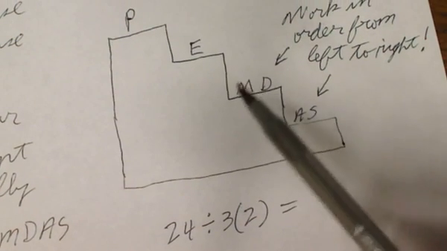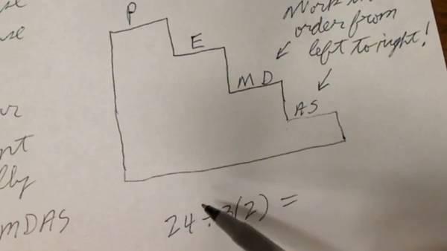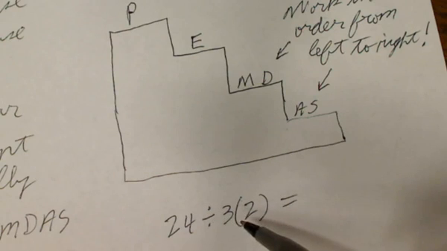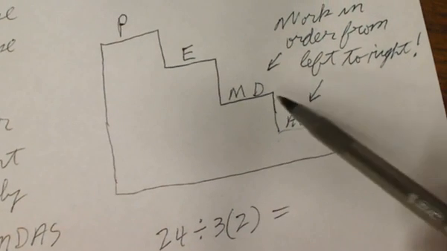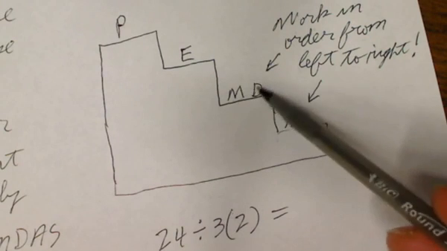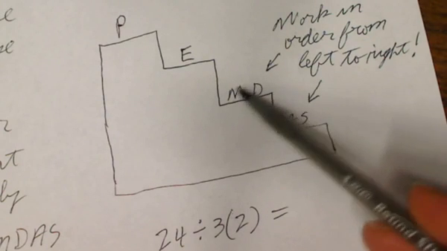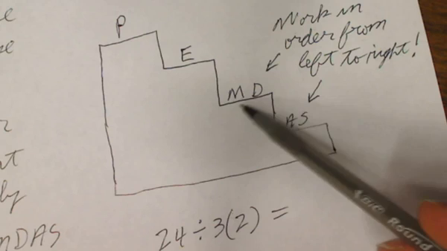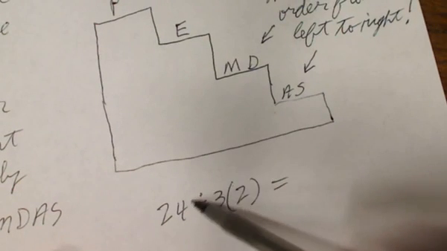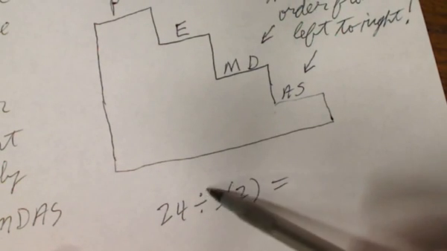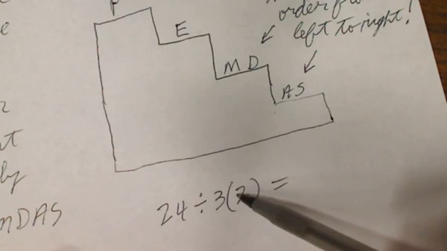The order of operations correctly applied tells me to divide before I multiply in this problem, because division and multiplication are tied for third place, and you do them in order from left to right. So in this problem, I've got to do the division first because it's on the left of the multiplication.